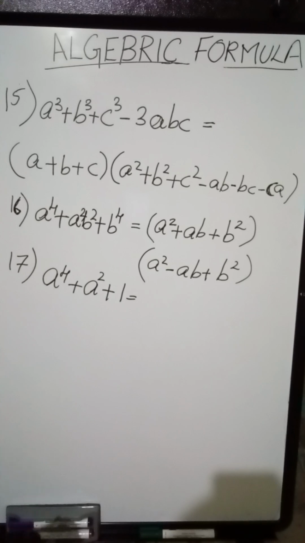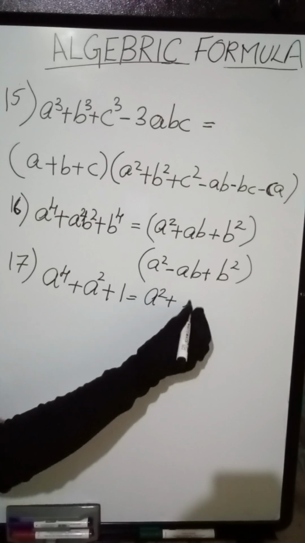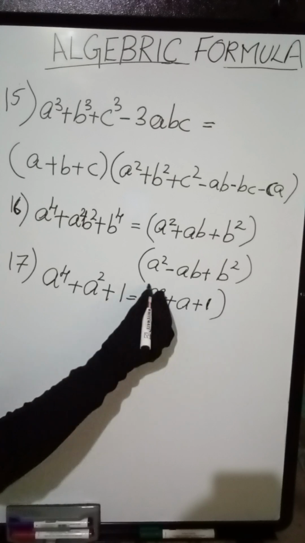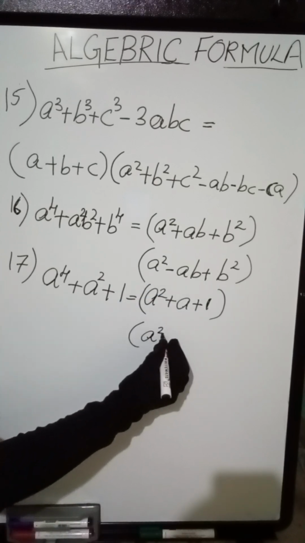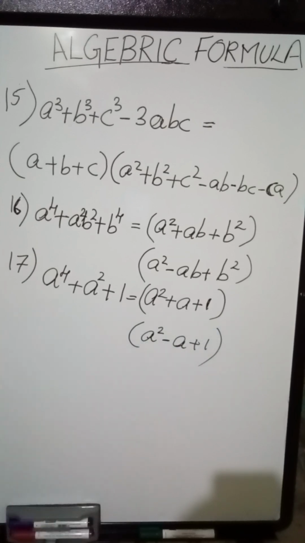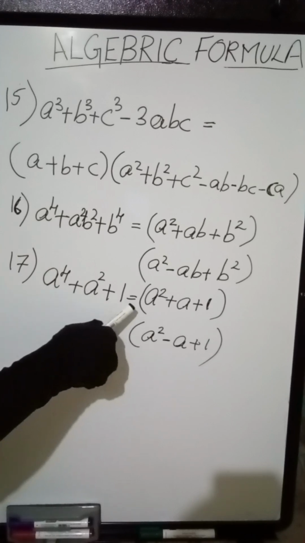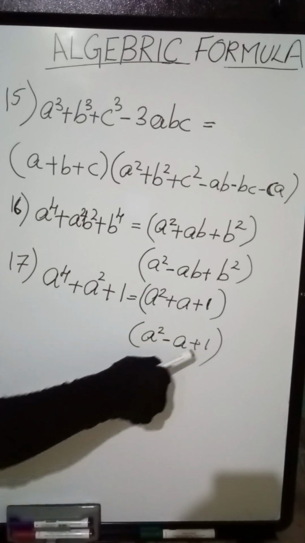The formula will be a square plus a plus 1 into a square minus a plus 1. So a to the power of 4 plus a square plus 1 is equal to a square plus a plus 1 into a square minus a plus 1.